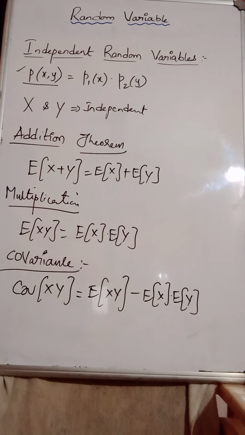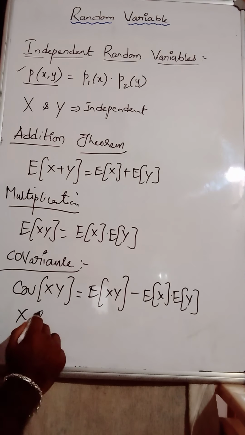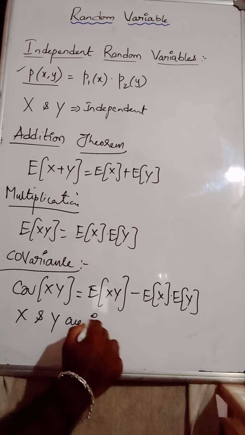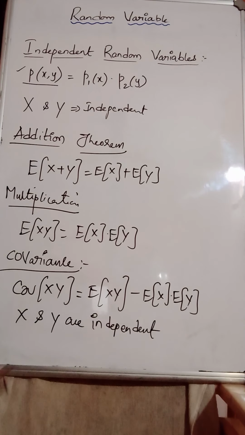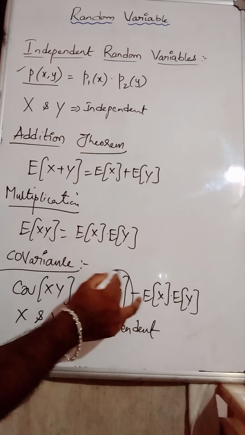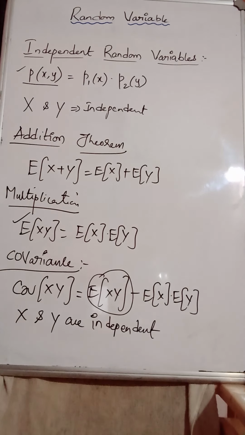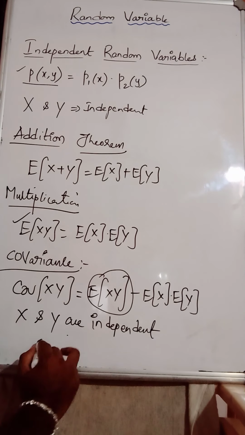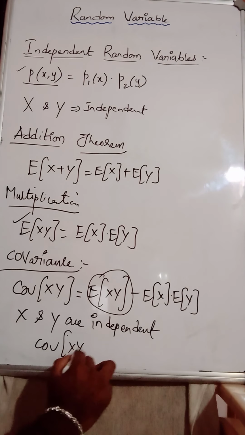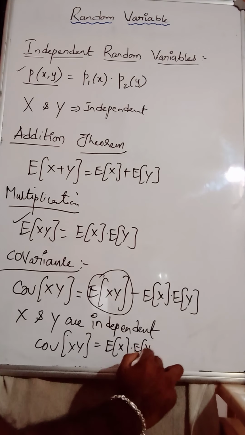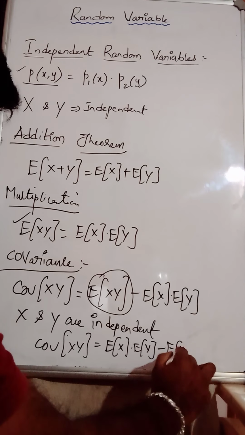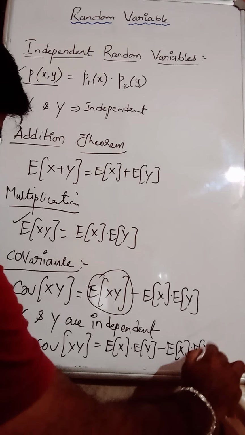Now, if x and y are independent, what is the concept here for the expression of xy? From the multiplication theorem you will get covariance of xy equals expectation of x into expectation of y minus expectation of x into expectation of y.